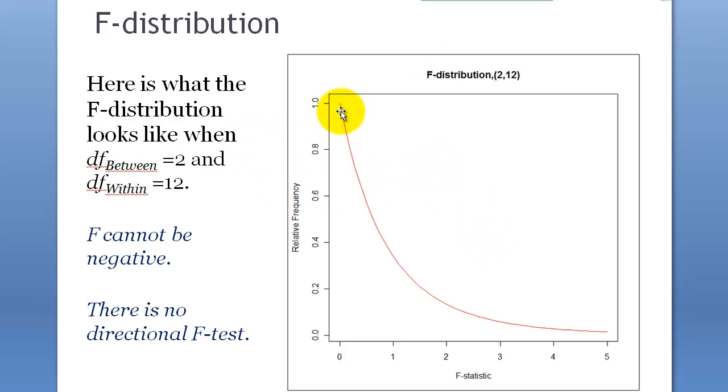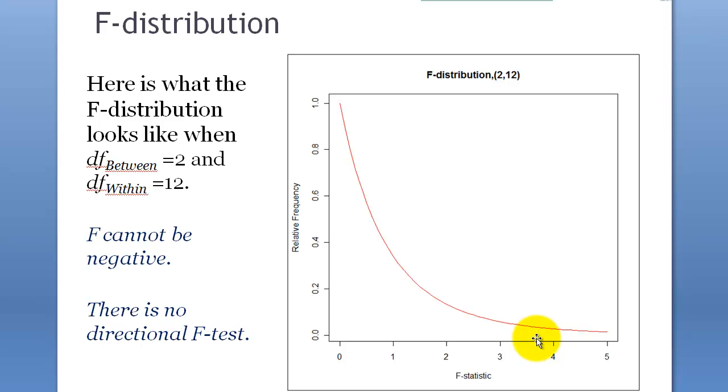Okay, so basically using this distribution shape, we'd like to know the critical point, the critical region, and we'd like to do the F-statistic to figure out if a certain value is going to fall into the critical region or not. So basically the same thing.